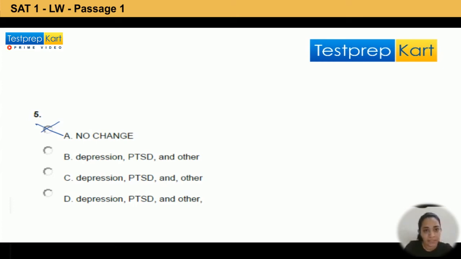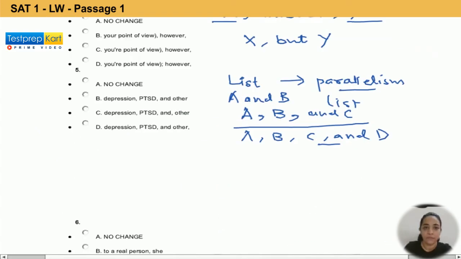Depression, PTSD, and so we have the first comma, A, comma, B, comma, and C. This looks perfect. A, comma, B, comma, and comma. We have this extra comma. We don't need this. When we have comma and, C should come directly. So there is an extra comma here. A, comma, B, comma, C, other and no. We don't need a comma towards the end of the list. This goes out. B is our answer. The rule is called list parallelism. Only one rule tested here.